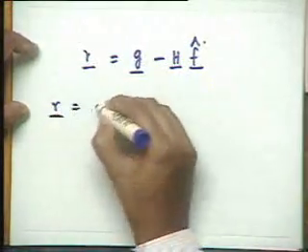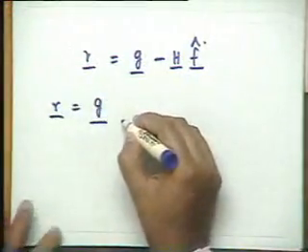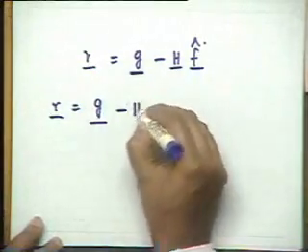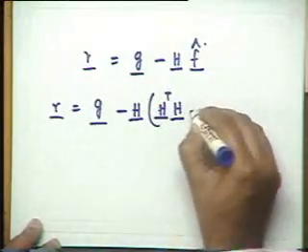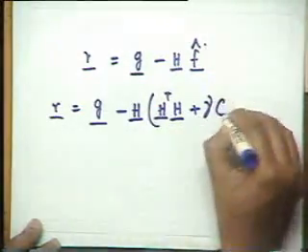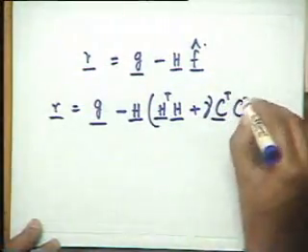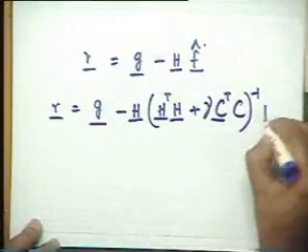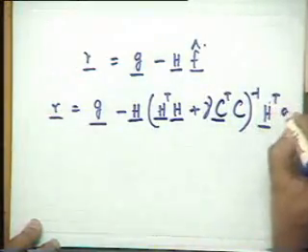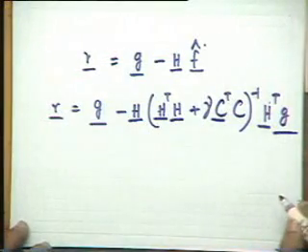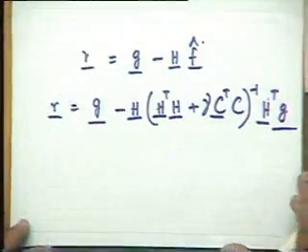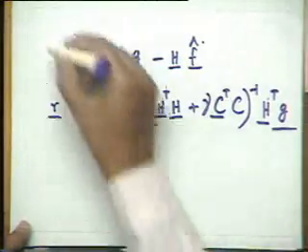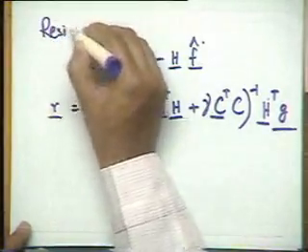So the residual vector's expression is going to be r vector equals g vector minus h, h transpose h plus gamma c transpose c, this entire thing inverse, h transpose g. This is going to be our residual vector.